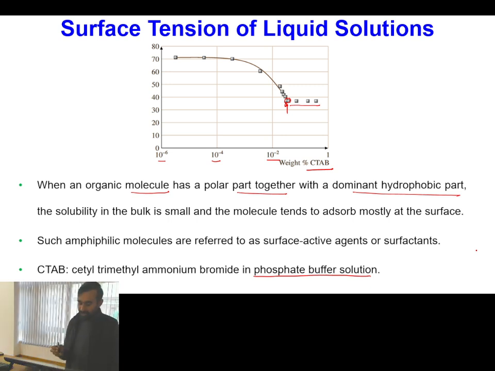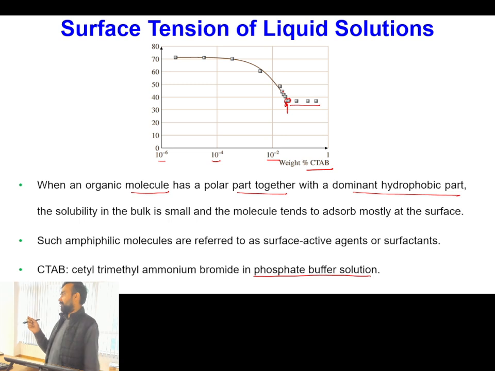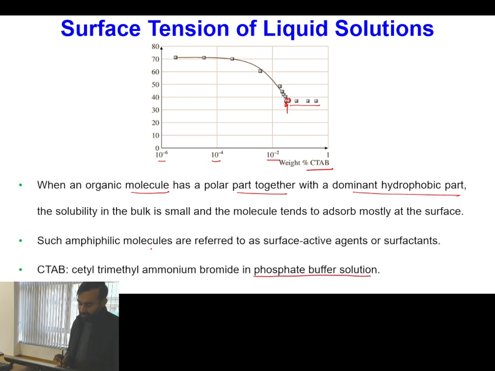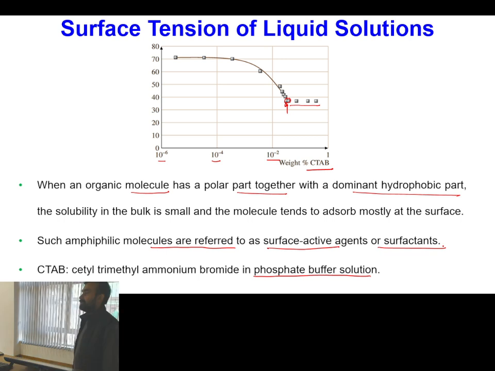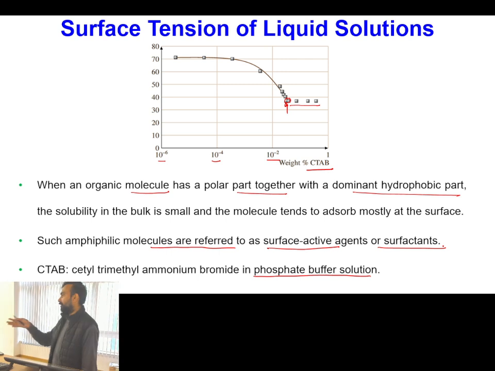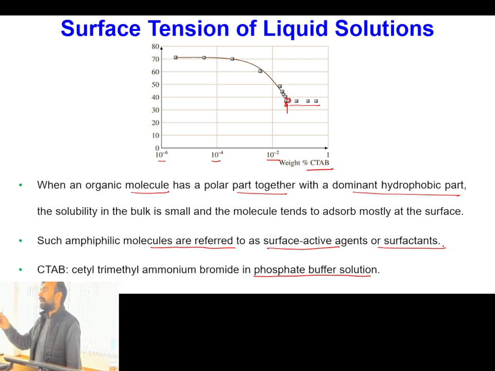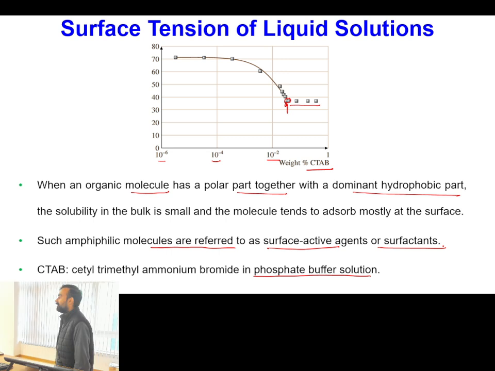Under these scenarios, we will be finding significant variation in surface tension upon addition of that particular substance in extremely small amounts. Such amphiphilic molecules are typically referred to as surface active agents or surfactants. While washing clothes, we add some detergent powder. Ultimately what it does is it also tries to decrease the surface tension force.